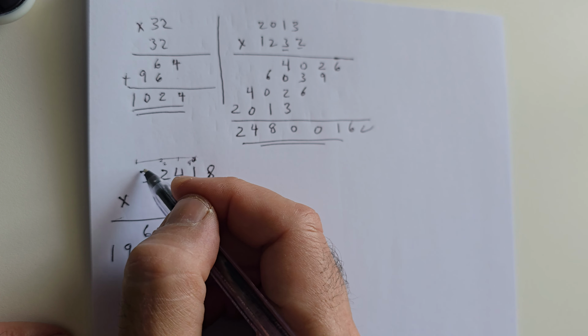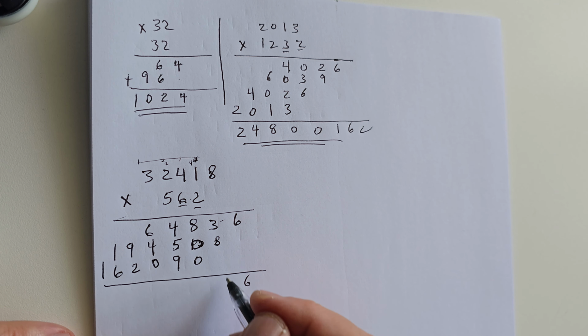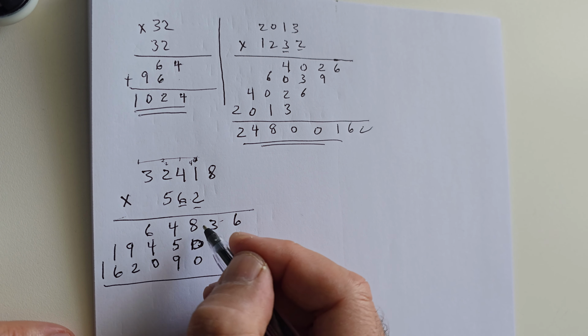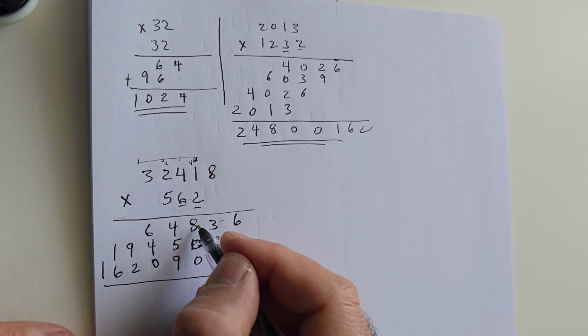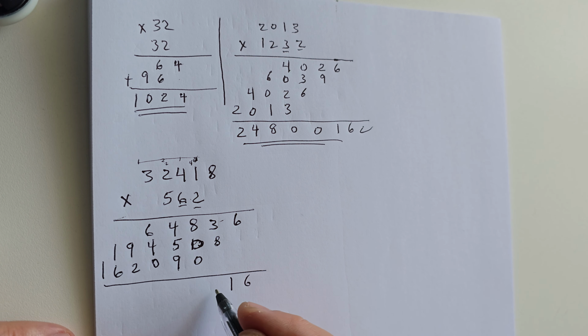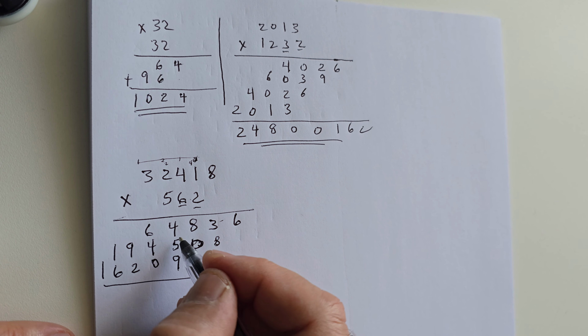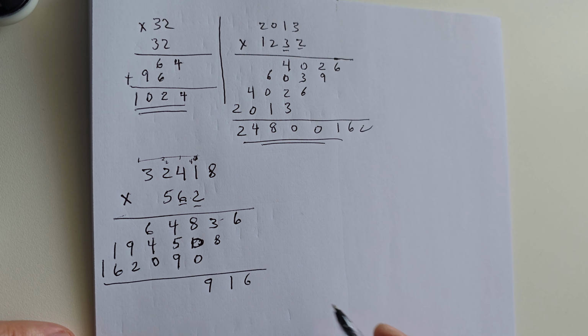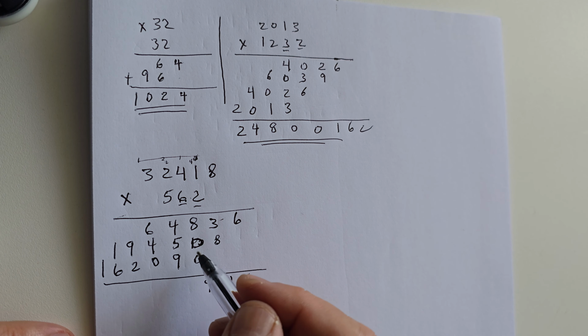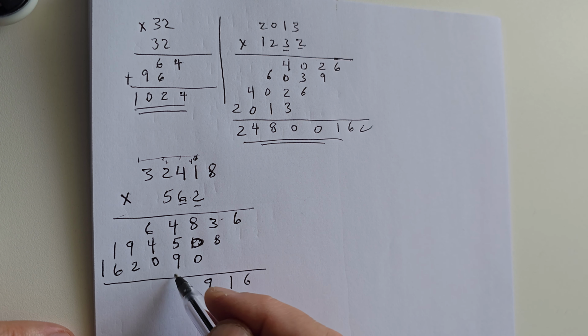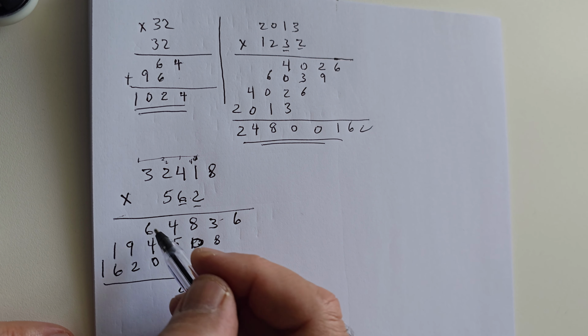Okay, so now we add these up. So 6 comes down here, 3 and 8, that's 11. And then 1 remains, 1 and 8. We got zeros here, then we got 9. Okay, so that's 9, and then 4 and 5, that's 9, 9 and 9, that's 18.